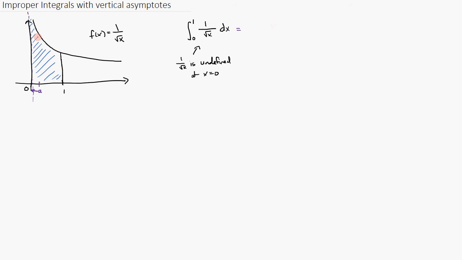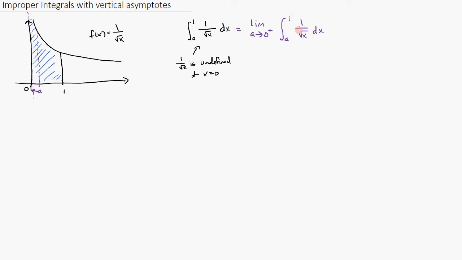I approximate the area with the finite region here, and then I slowly let the finite region become an infinite region. So I have the integral from a to 1 of 1 over square root of x dx, and then I take the limit as a goes to 0, approaching 0 from the right. So I make a note of that.